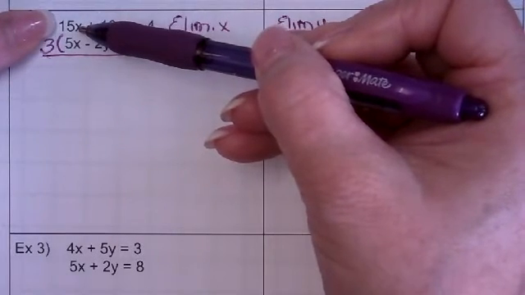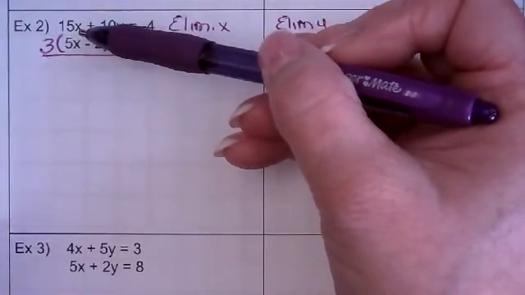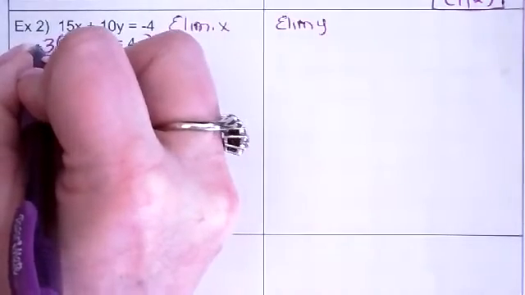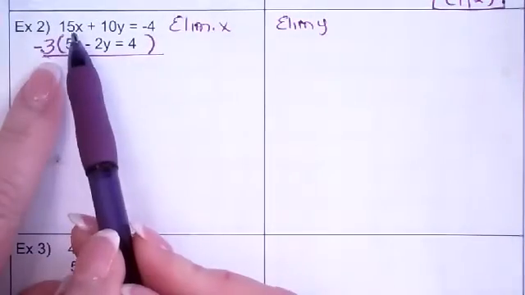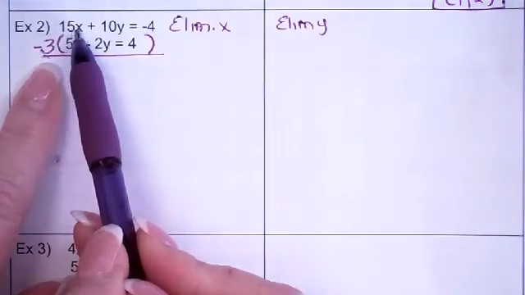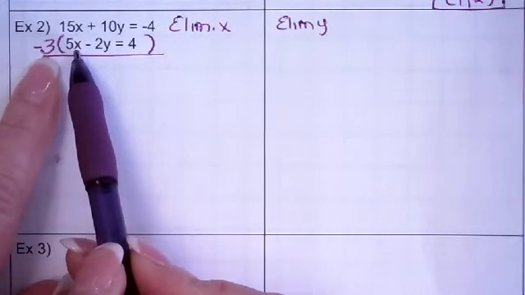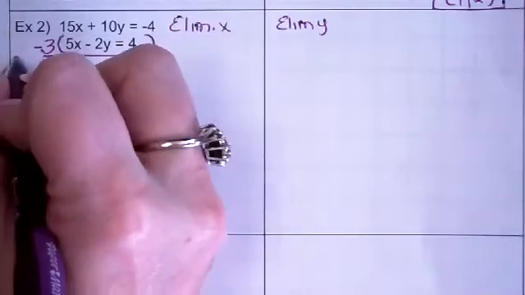But I need them to be opposites, so I'm going to throw a negative right there. On the first one I'm going to have positive 15x, and on the second one, negative 15x. So you want the number part to be the same, but you want the signs to be opposite.